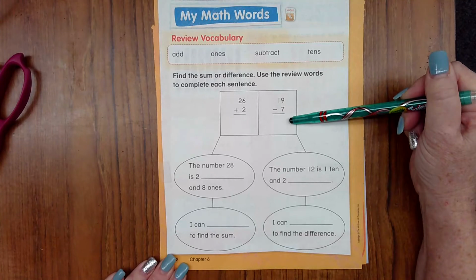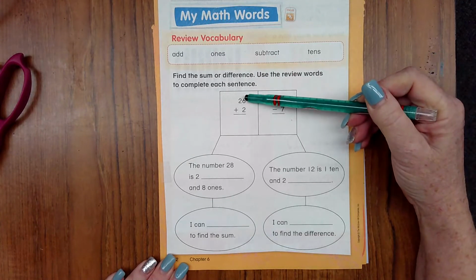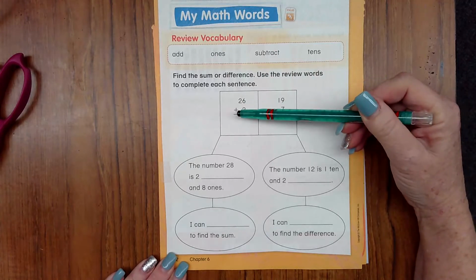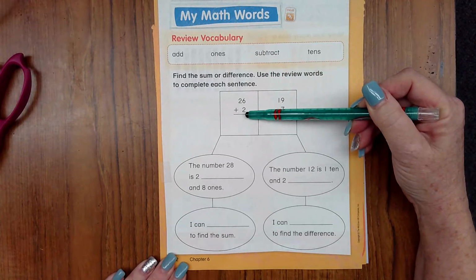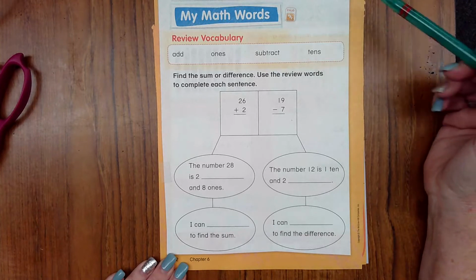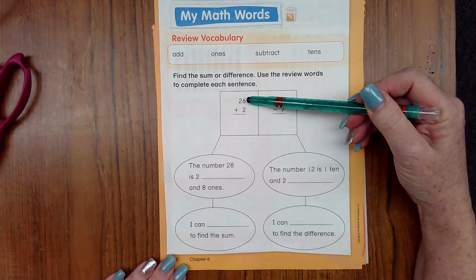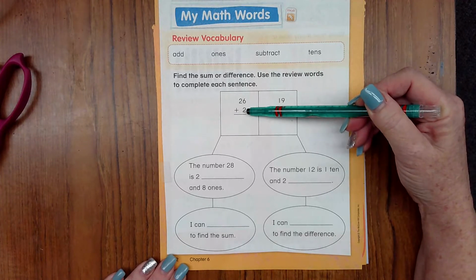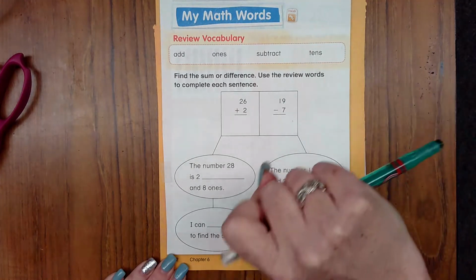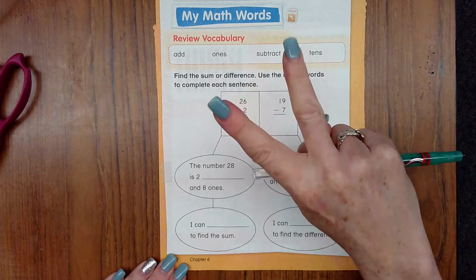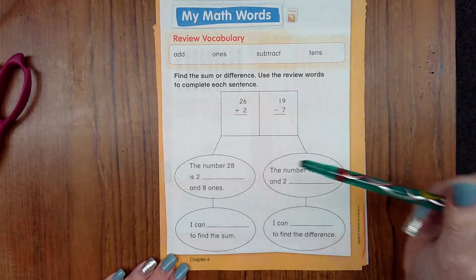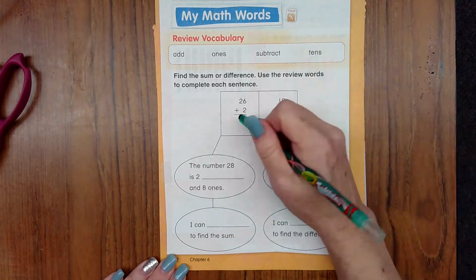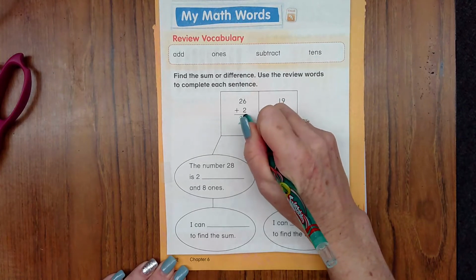The answer to a subtraction problem is called the difference. Okay, so if we have 26 and we're adding 2 ones, we can start at 26 and we can count up by 2. So 26, 2 more would be 27, 28. So if we add 2 to 26, we get 28.